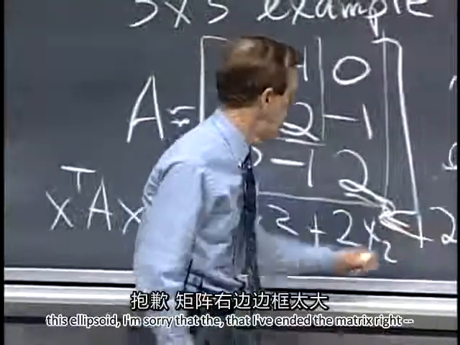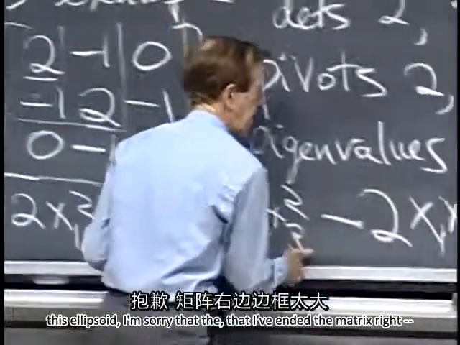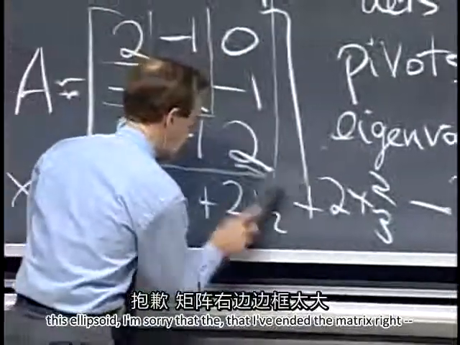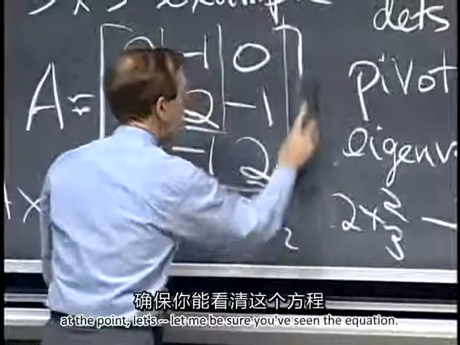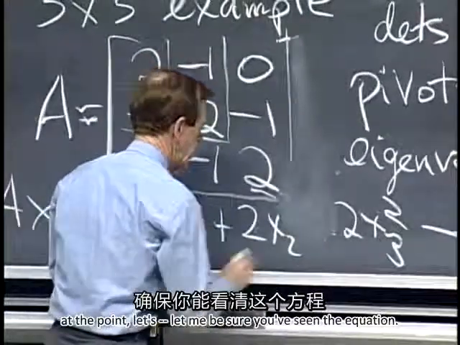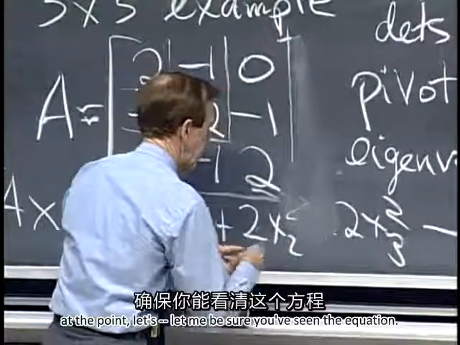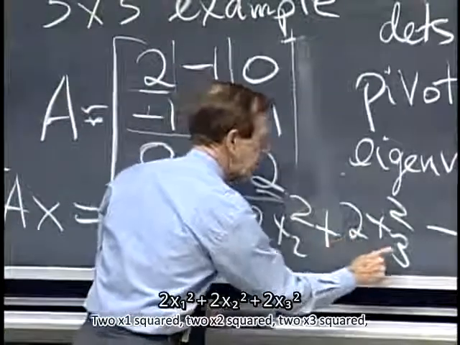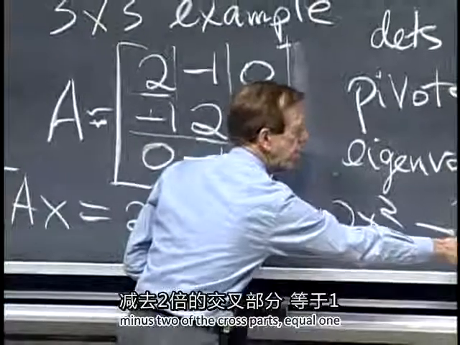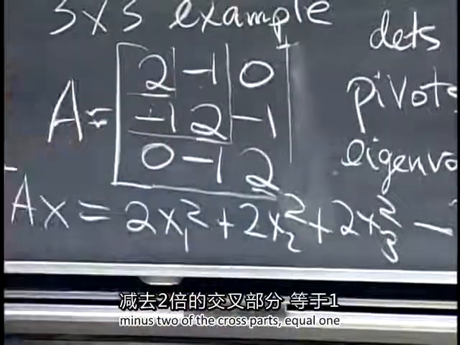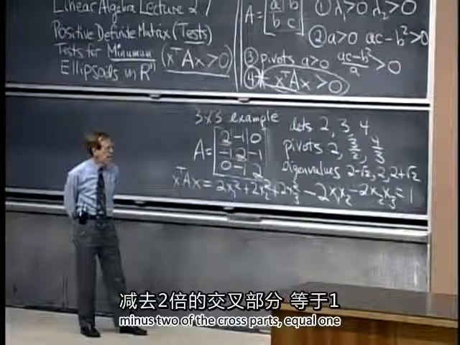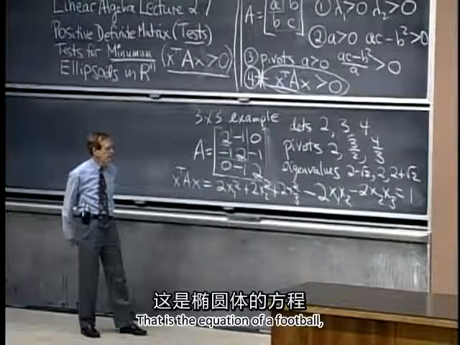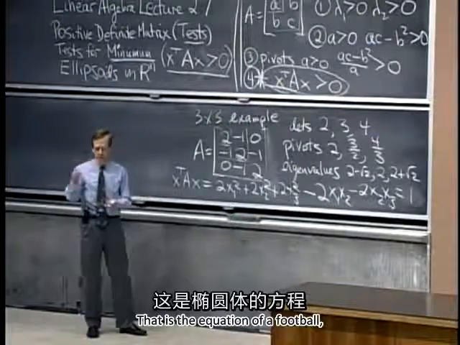I'm sorry that I've ended the matrix right at the point. Let me be sure you see the equation. 2x1 squared, 2x2 squared, 2x3 squared, minus 2 of the cross products equal 1. That is the equation of a football.